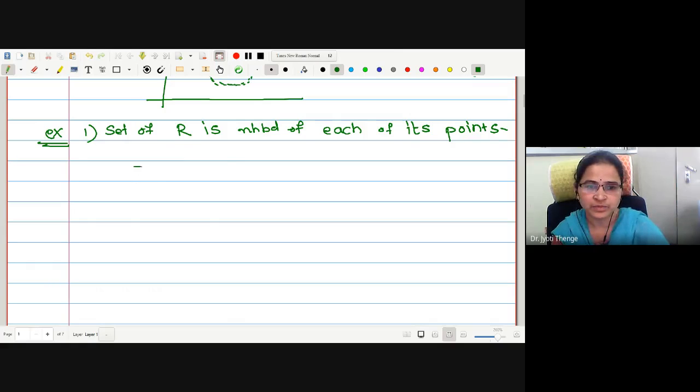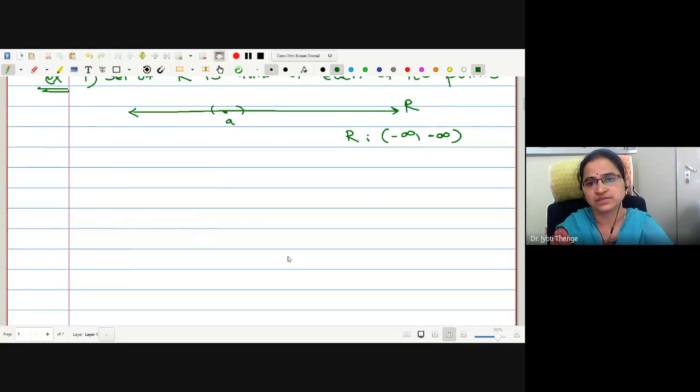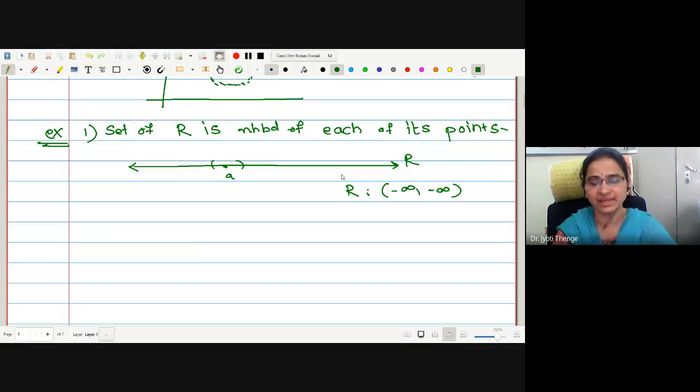Suppose I have such a real line, and I take any point A. Then any small open interval around A will be contained in R. Therefore, R will act as a neighborhood. Actually, R itself is an open interval, minus infinity to plus infinity. That's why R will be a neighborhood for each of its points.